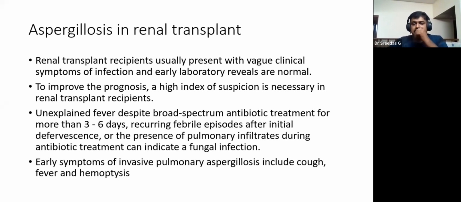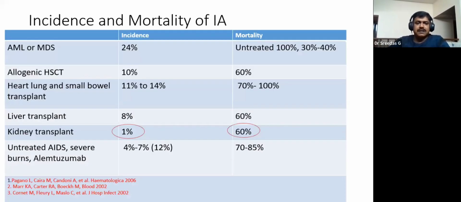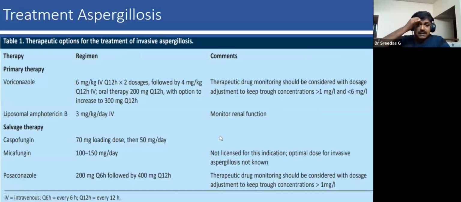Early symptoms of invasive pulmonary aspergillosis include cough, fever, and hemoptysis. Now, this slide shows the various incidences of invasive aspergillosis. As you can see, it is 10% in stem cell transplantation, around 15% in lung transplantation, and 1% in kidney transplantation, and the mortality is around 60% in kidney transplantation.